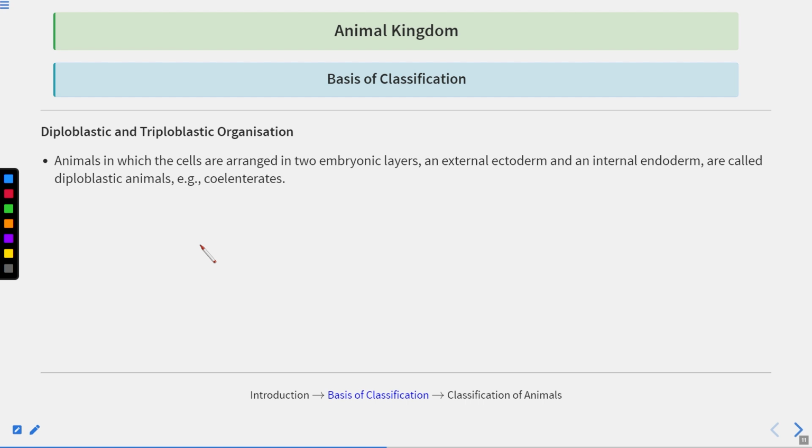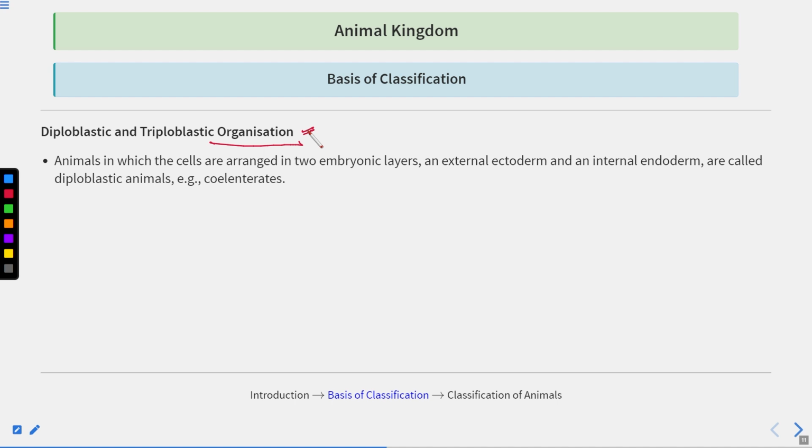Okay, now let us see the diploblastic or the triploblastic organization. This is the arrangement of the cells at the time of embryo formation, and these embryonic layers form the different organs in the body, and that is fixed. Like ectoderm will form this particular organ, or mesoderm will form this particular organ, or the endoderm will form this particular organ.